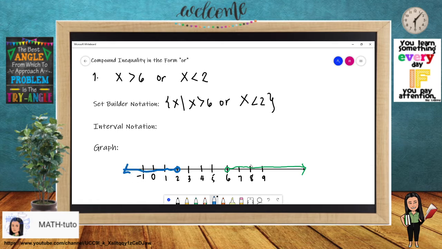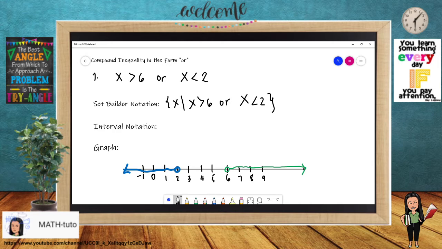Sorry for my drawing if it is not straight. So the solution set is this graph, the graph of the compound inequality x is less than 2 or x is greater than 6. It means any of these can make the statement true, so x can be any value in this graph.